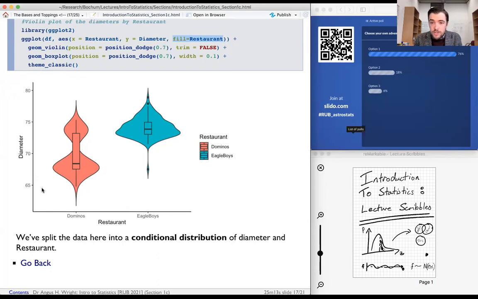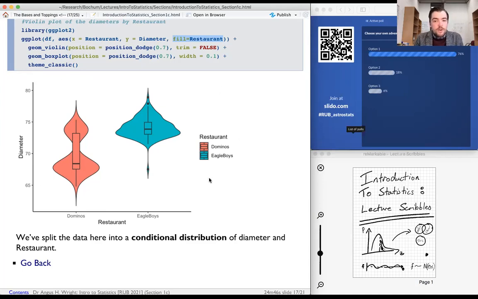It's called the conditional distribution. So the conditional distribution of a variable is the distribution of that variable given the value of a second variable. And that's going to be very important when we start looking at probability, both later today, but most likely next week when we get to conditional distributions.